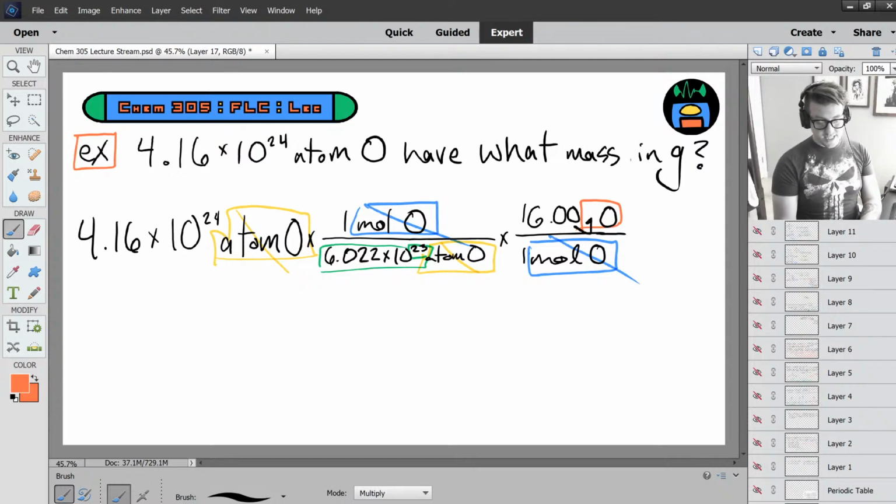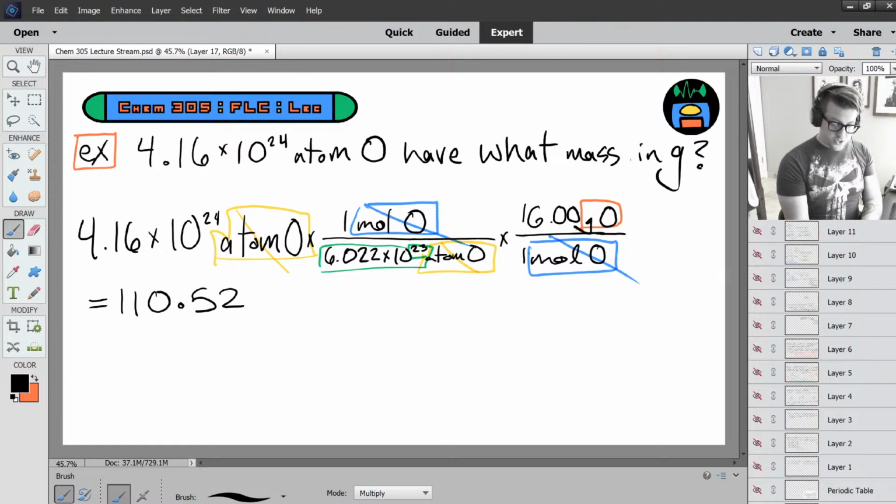So 4.16 times 10 to the 24th divided by 6.022 times 10 to the 23rd times 16 gives us, let's see, my calculator is giving me a value of 110.528064.